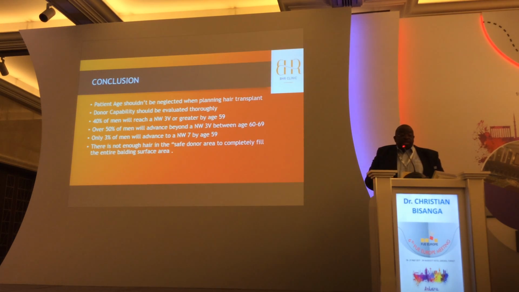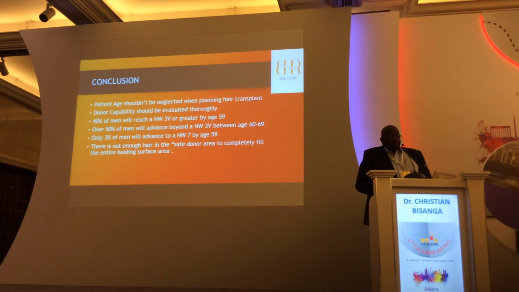So in conclusion, when you plan for surgery, you should not neglect patient age. The donor capability needs to be evaluated properly. We say 40% of men will reach a normal 3V or greater by the age of 59.